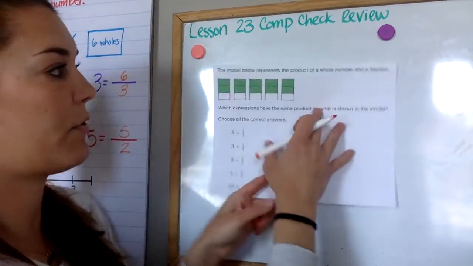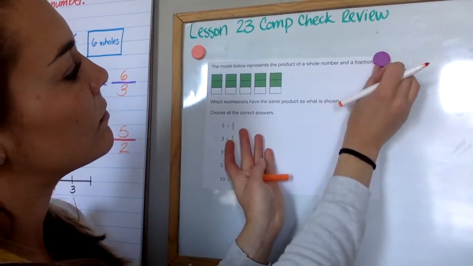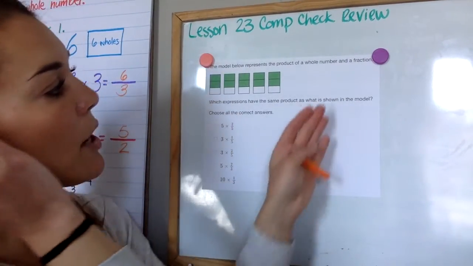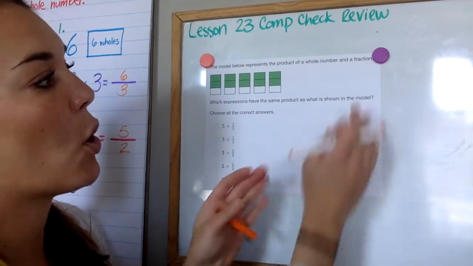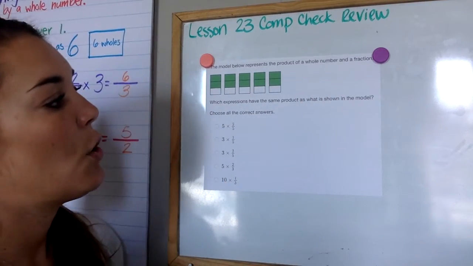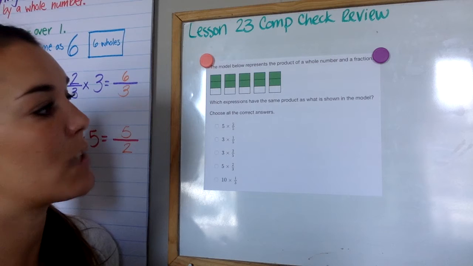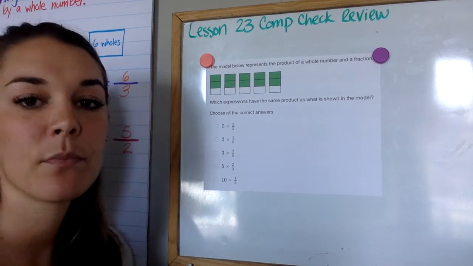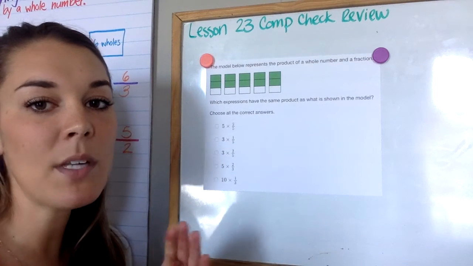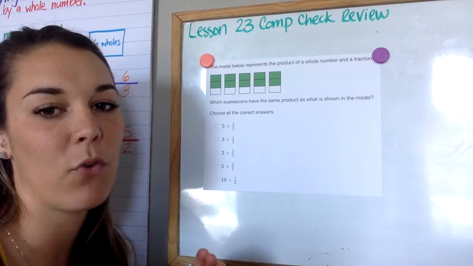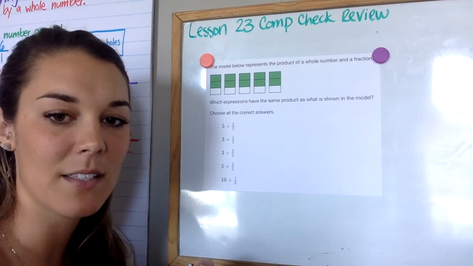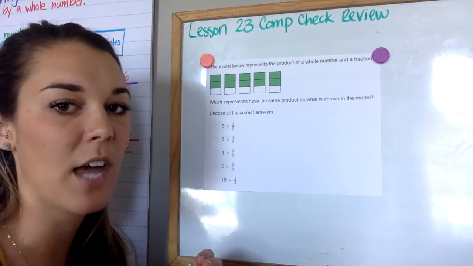You're going to see one like this. The model below represents the product of a whole number and a fraction. Which expressions have the same product as what is shown in the model? All right, so I always like to figure out what product I'm looking for first before I start guessing.